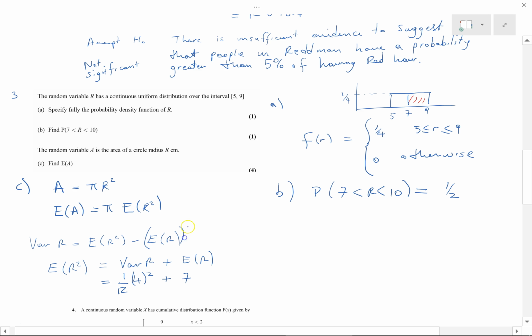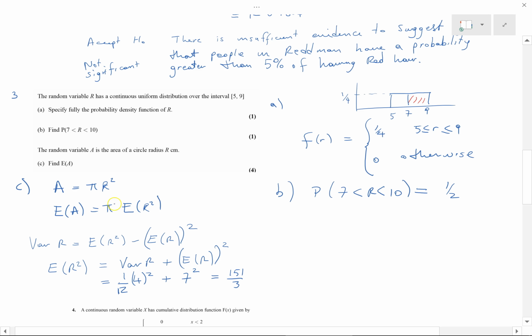I just forgot to put the squared on there, which is a bit bad. So that comes to 50 and a third, which is equal to 151 over 3.